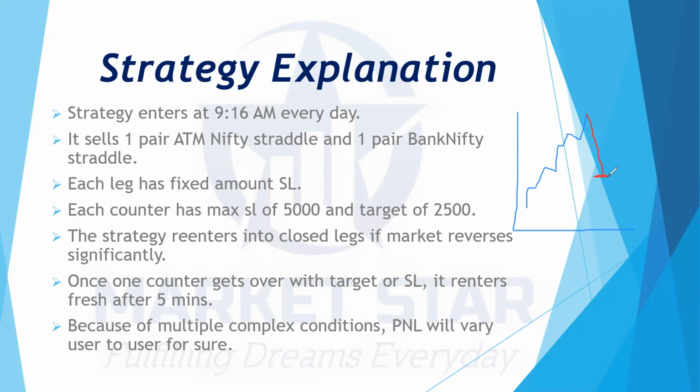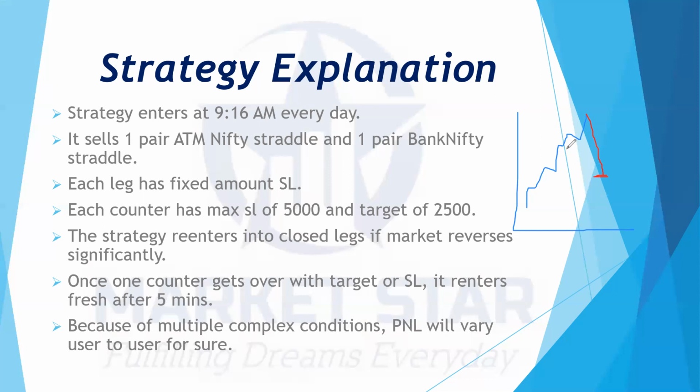Okay, let's talk about user B. User B has an entry premium of 102. Possible? User B has entry premium 102. A 1 or 2 rupees difference on the market price is quite possible. Suppose user B has 102, so his stop loss is 152. Suppose 50 points is the stop loss as per the strategy.